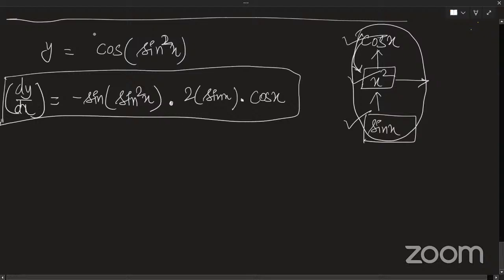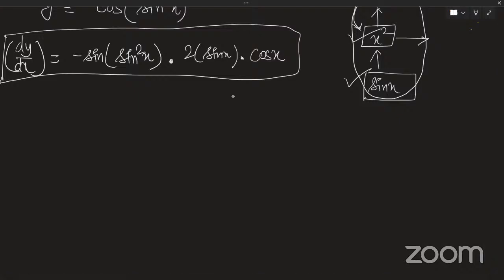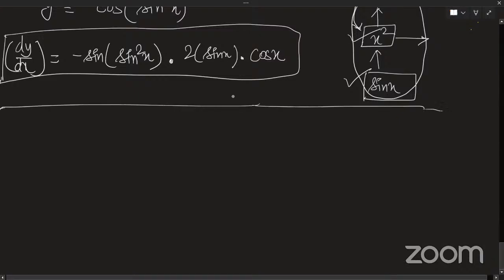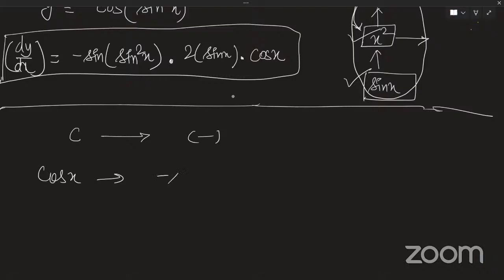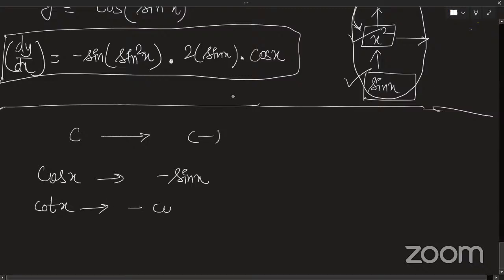Sir, may I know when we have to change the signs to minus or plus? Yes, actually there is a trick for that also. See, every trigonometric function whose name starts with C, its derivative will have a minus sign in front of it. You can check it. Cos x, it is minus sin x. Cot x, it is minus cosecant squared x.